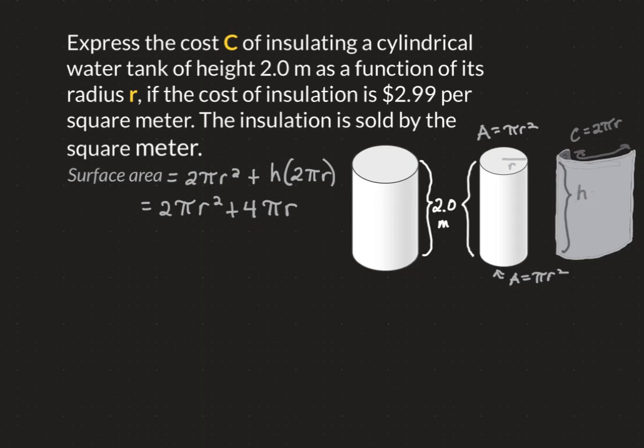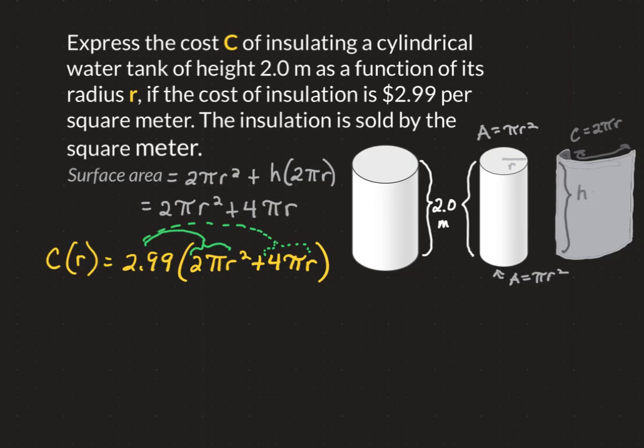The only difference between the water tanks will be the length of the radius. And since that is the surface area for any of these tanks of any radius but height 2 meters, the cost per whatever the radius is will be 2.99, that's dollars, times 2 pi r squared plus 4 pi r.